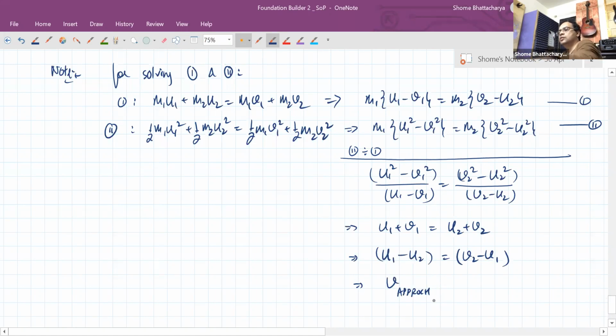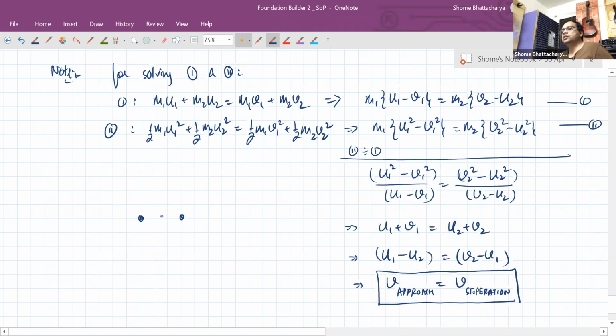In the diagram, we had understood why that's the case. And this is equal to the separation velocity. So there is an additional property that goes with the perfectly elastic collision. Whenever the collision is perfectly elastic, not only is the kinetic energy conserved, but also the relative velocity of approach equals the relative velocity of separation.